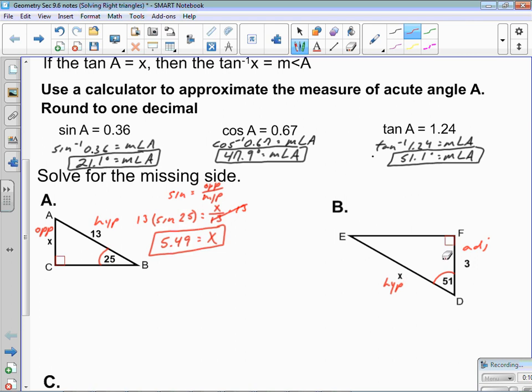So then we have to think which trig function deals with the adjacent side and the hypotenuse. Cosine, right? Because cosine is equal to the adjacent side over the hypotenuse. So we know the cosine of 51 degrees is going to equal the adjacent side 3 over the hypotenuse, which is our x.